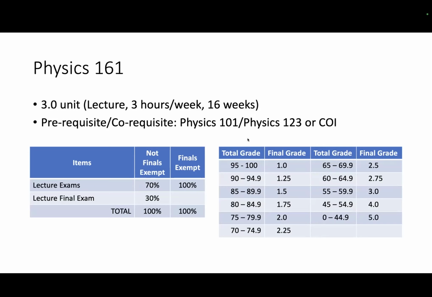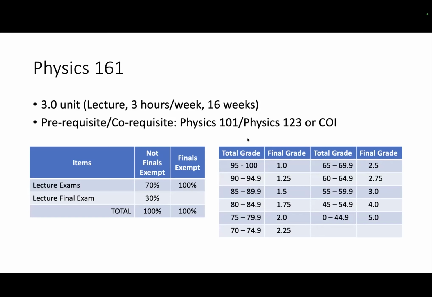Okay, with regard to the exams, the lecture exam, so merong 4 na exams tulad na sinabi ko kanina for the lecture, and 1 final exam. And there is an exemption. Okay, and if you are exempted, then 100% of your grade will be based on the 4 lecture exams.